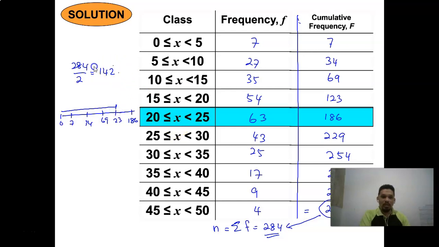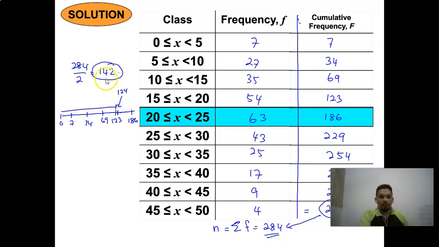By the way, 142 lies in between, let's say, 123. Just imagine that we begin here with 124.